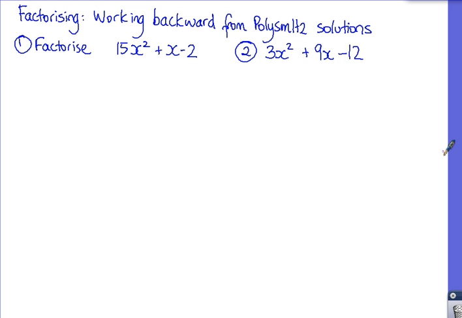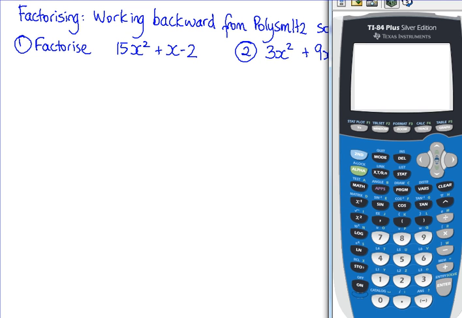So the first thing we're going to do here is use PlySmlt2 to solve this first one. So go into my apps, and I have to take my shortcut to find my keys. Okay, once you're in, just enter again.